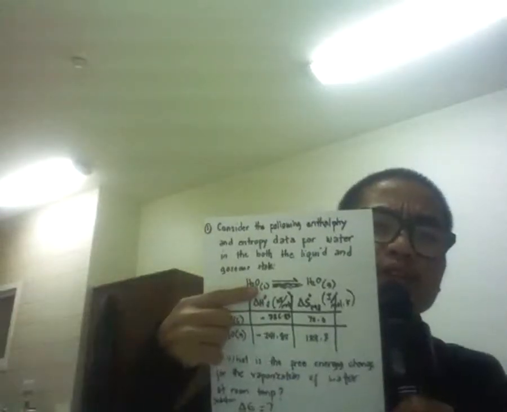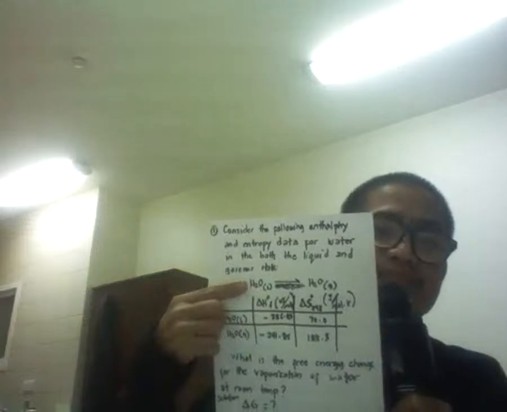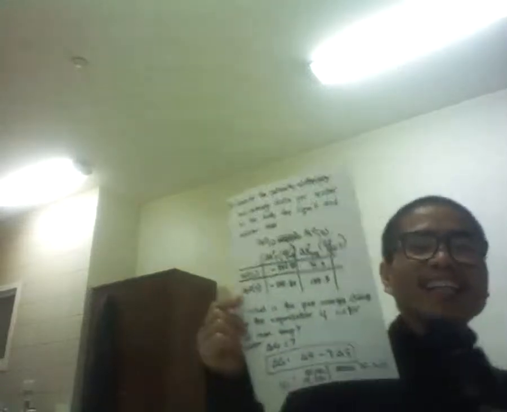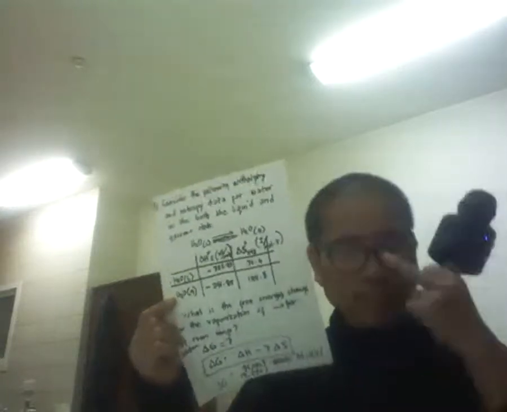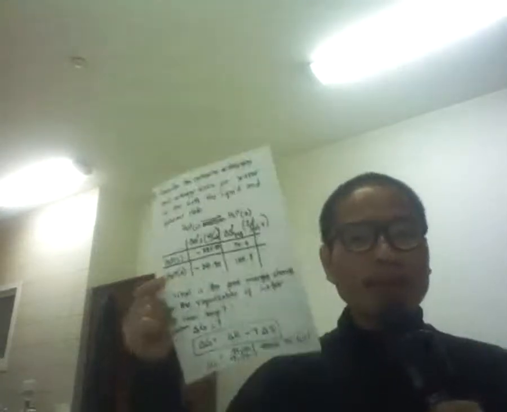I believed water is equal to water vapor, but actually it's not, because the phase changes matter, so we have to analyze that also. Very easy, right? If you assume at first, you can change your first assumption or hypothesis once you have the final answer, because you are not really sure.